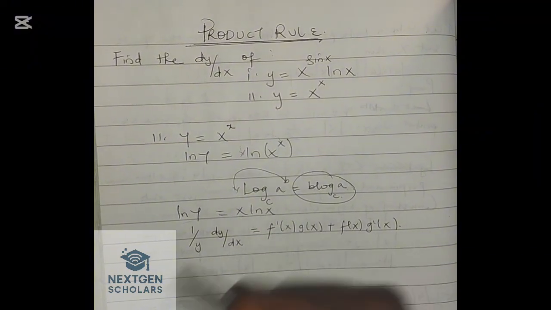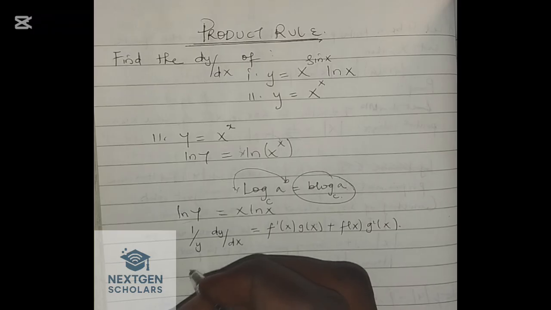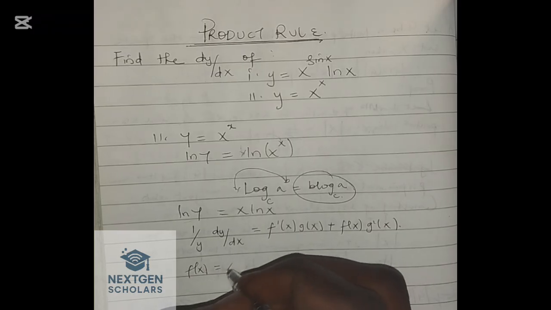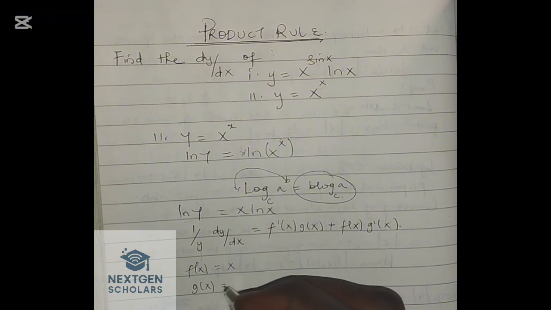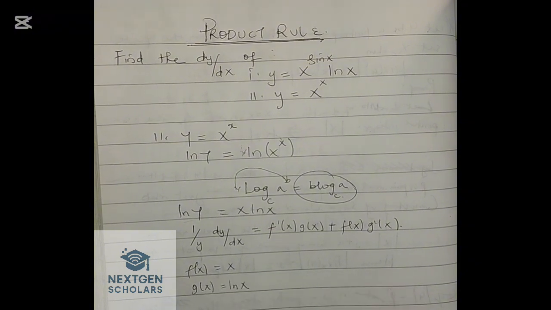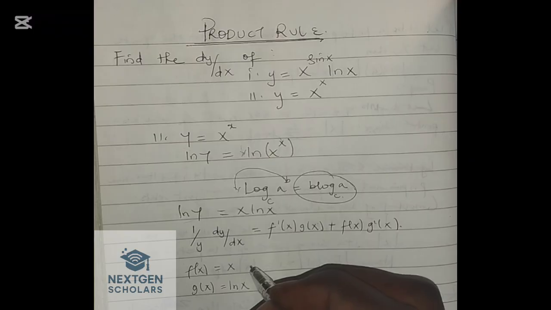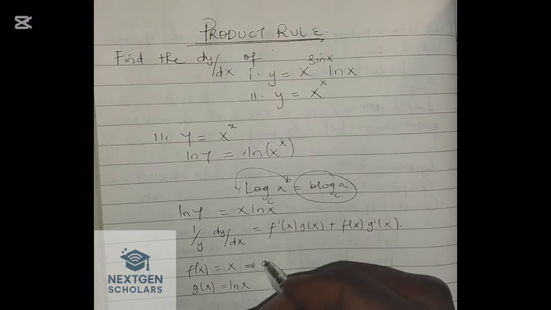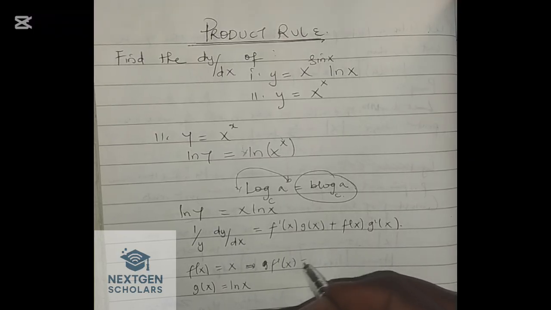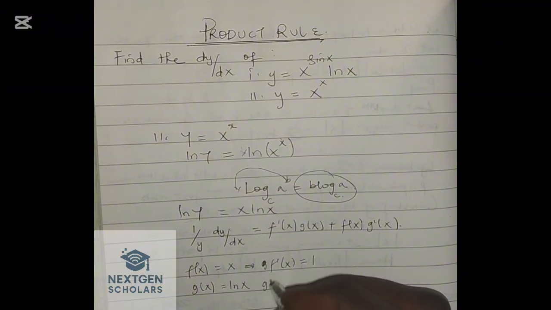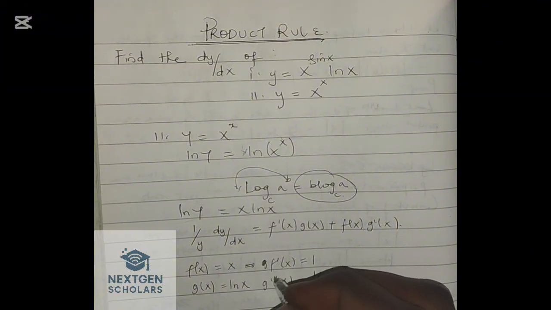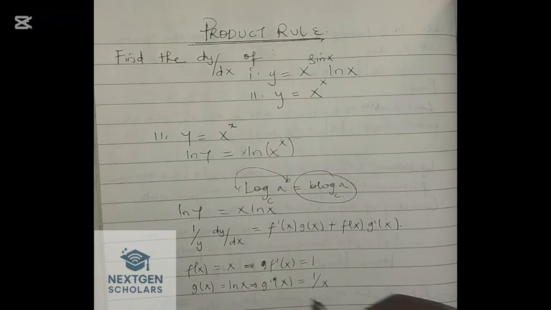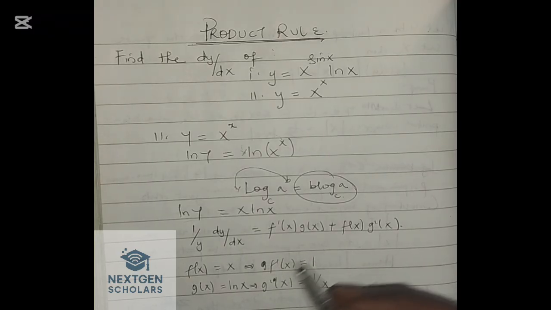Now what's f of x? f of x is simply x, the first function, and g of x is ln x. If f of x is x, then f prime of x is 1, and g prime of x is 1 over x. This is what you get when you differentiate ln x, by the formula u prime over u.